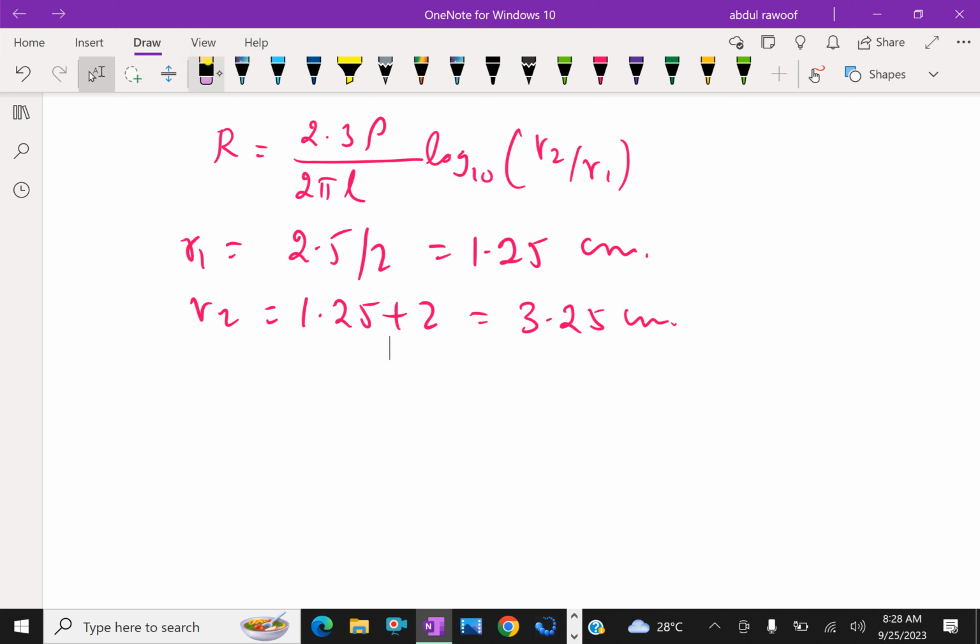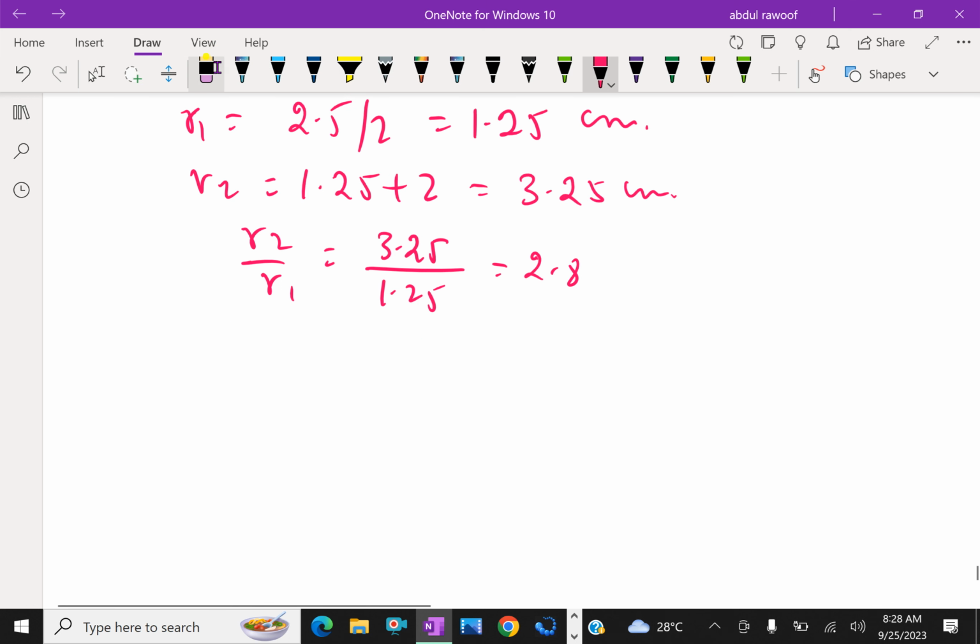Then the ratio R2 by R1 equals 3.25 over 1.25, which gives 2.8, no unit. Then log base 10 of 2.8 is approximately equal to 0.4472.